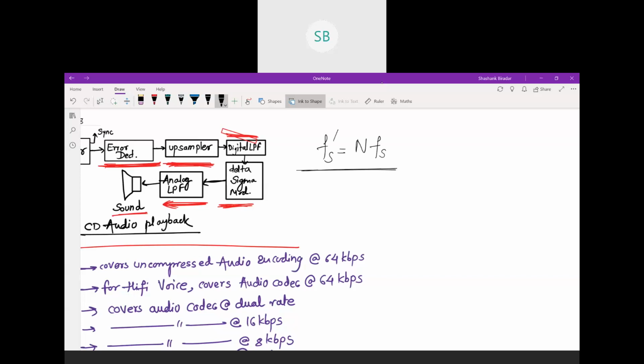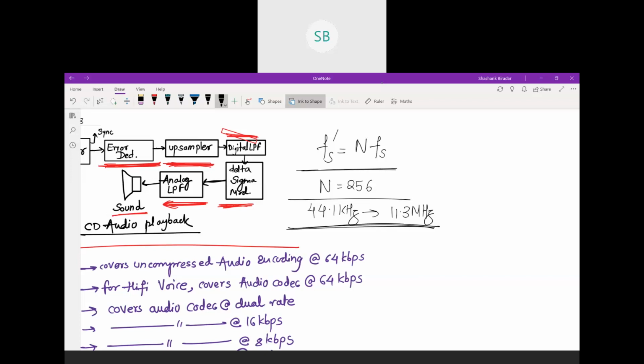So if you use n as 256, the sample rate could be increased from 44.1 kilohertz up to 11.3 megahertz. This is the updated sampling rate.